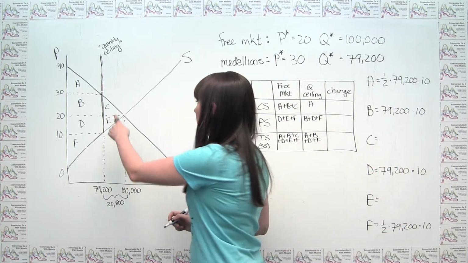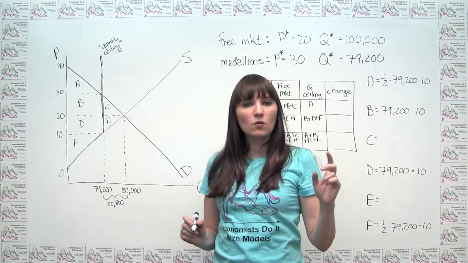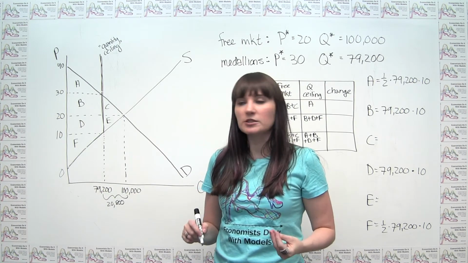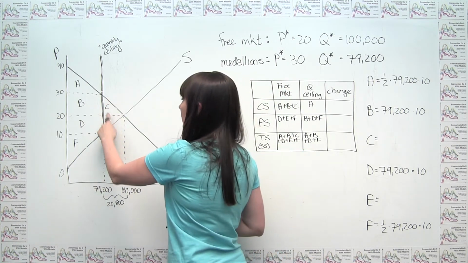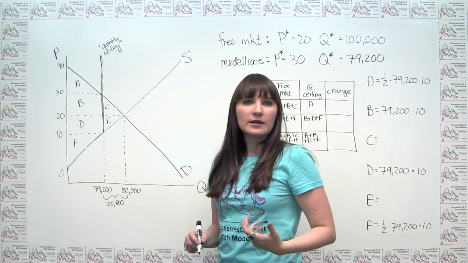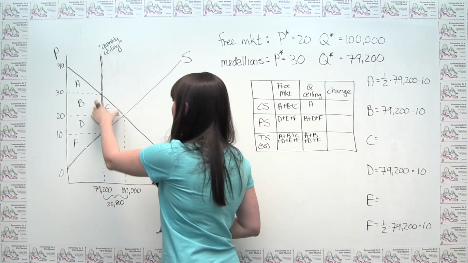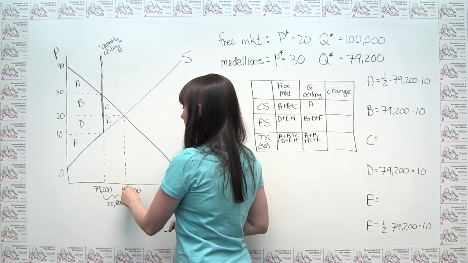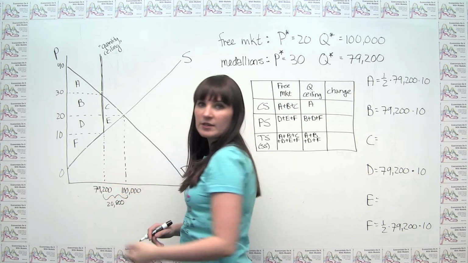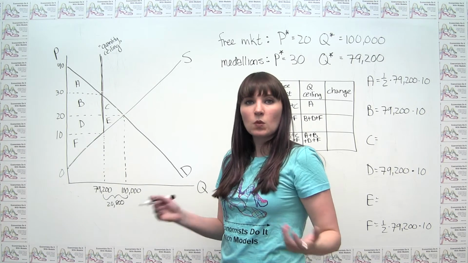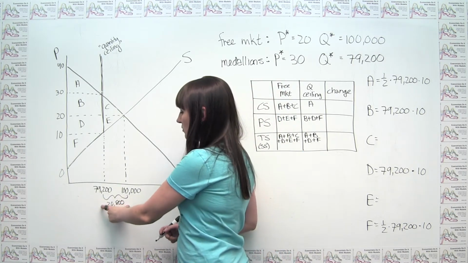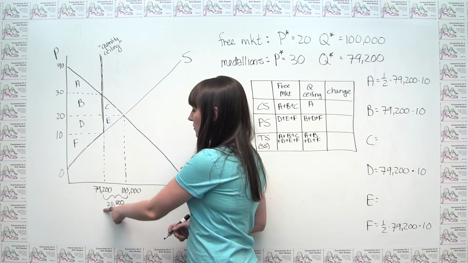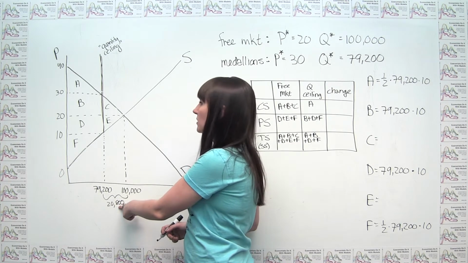Notice that C and E require one small additional calculation. C is a triangle, so its area is 1/2 times a base that's the difference between 100,000 and 79,200, which you can find by subtracting, giving 20,800.